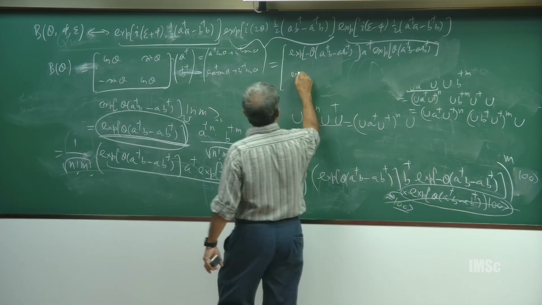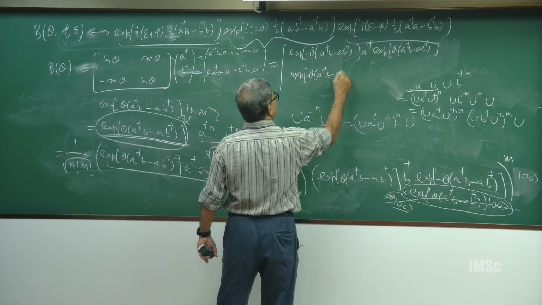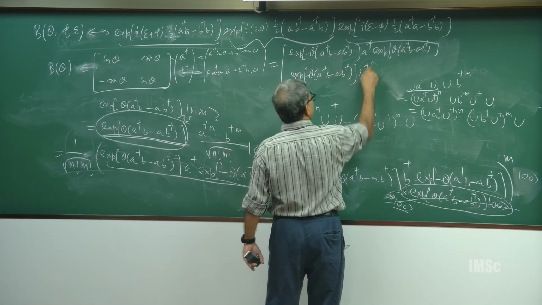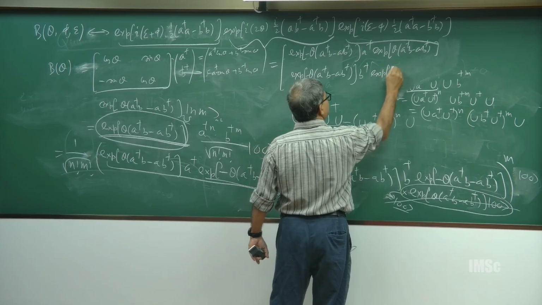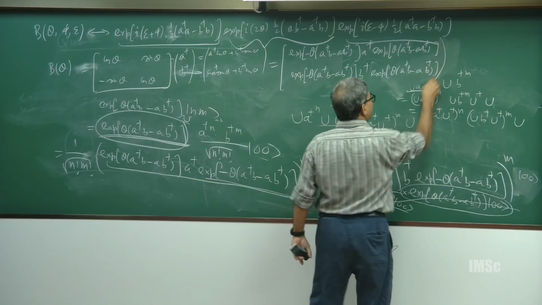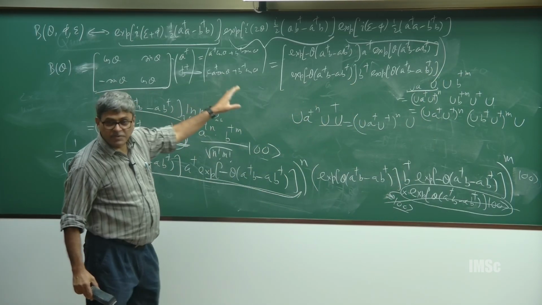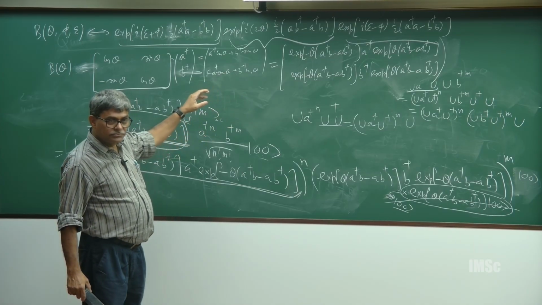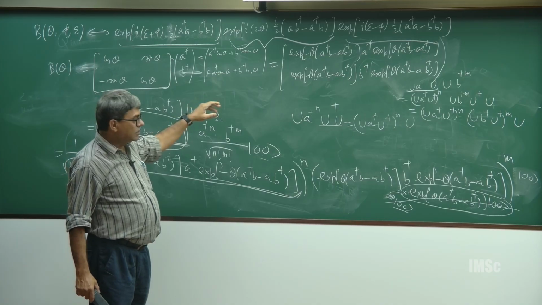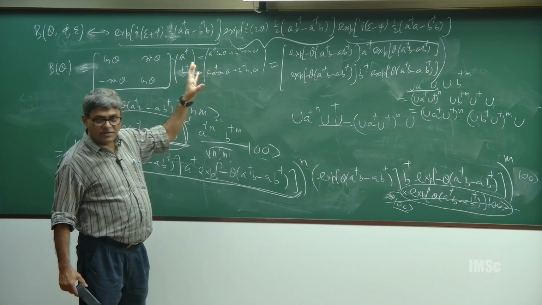And then the same for B dagger, which is expected. So this is in the Heisenberg picture, and that has to be the case. At the level of operators, you should consider the Heisenberg picture.